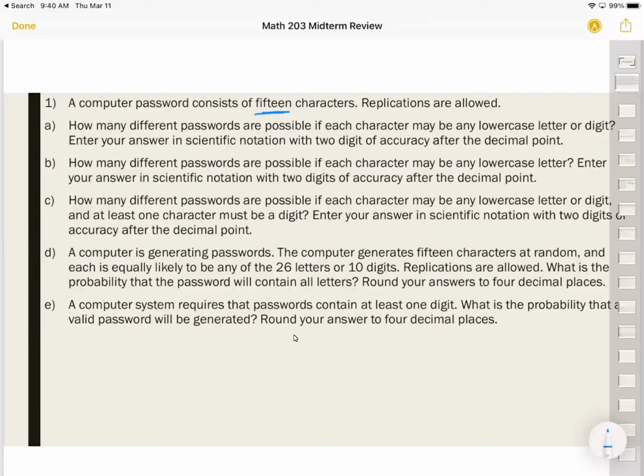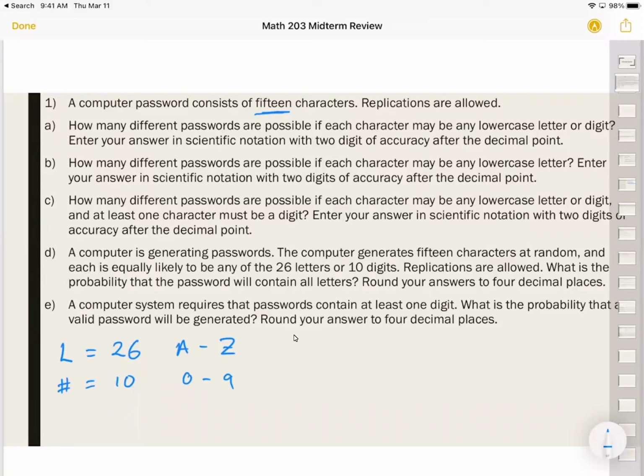Looking at this, what are the possible items that we can have? Remember, for the letters, there are 26 letters from A to Z in our alphabet. And for our digits, we have a total of 10 different numbers, from 0 to 9.